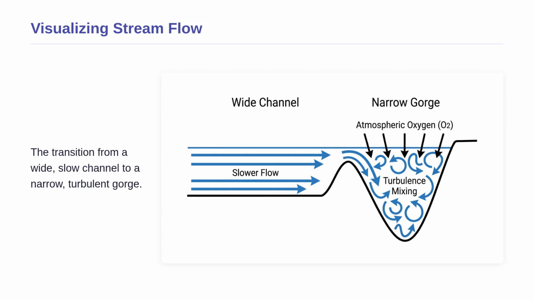Just as we calculated earlier, the velocity dramatically increases here. Notice how the arrows turn into chaotic, swirling eddies. This is the turbulent flow we just proved exists using the Reynolds number. Above the turbulence, you can see atmospheric oxygen being actively folded and mixed down into the water, creating the perfect life support system for aquatic organisms.